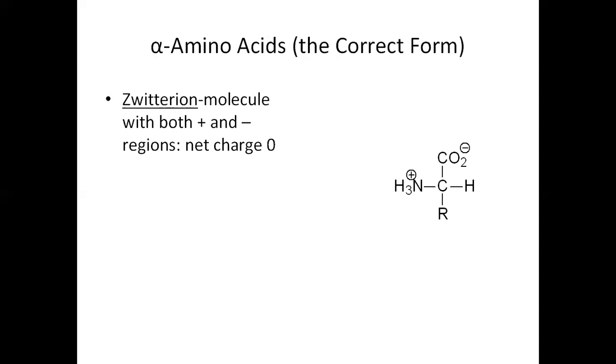This form of the molecule is known as a zwitterion, which I would characterize as meaning both at the same time. That is, there is a positive charge and a negative charge, but the net charge is 0. As you memorize the structure of the amino acids, you should memorize them in this form.